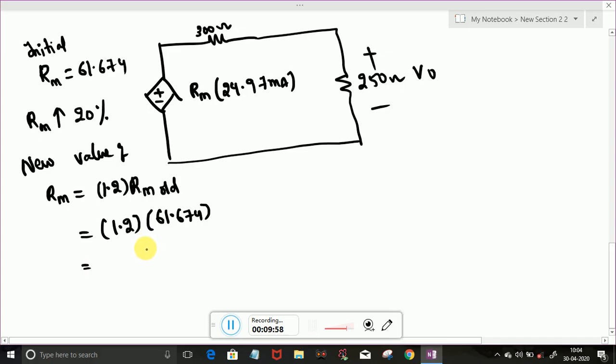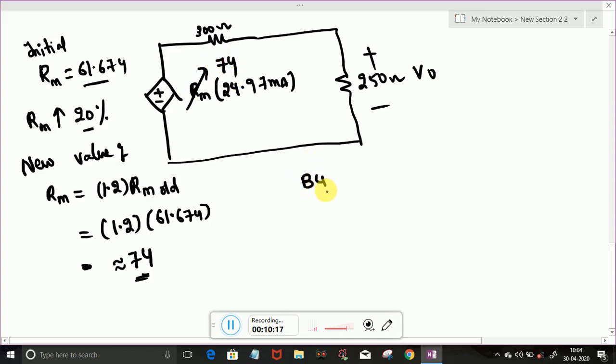I have already solved this, so I got approximately 74. You can see as Rm is increased, we also got a bigger value, that is 74. Now you substitute your new Rm as 74.